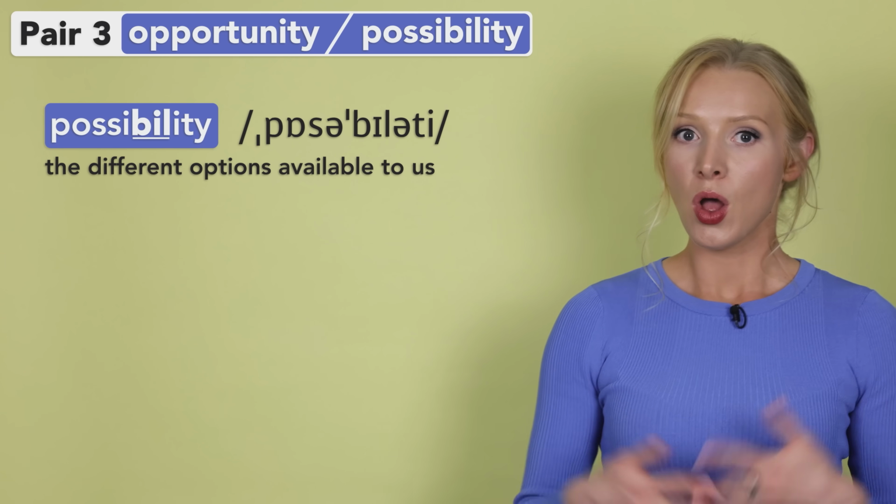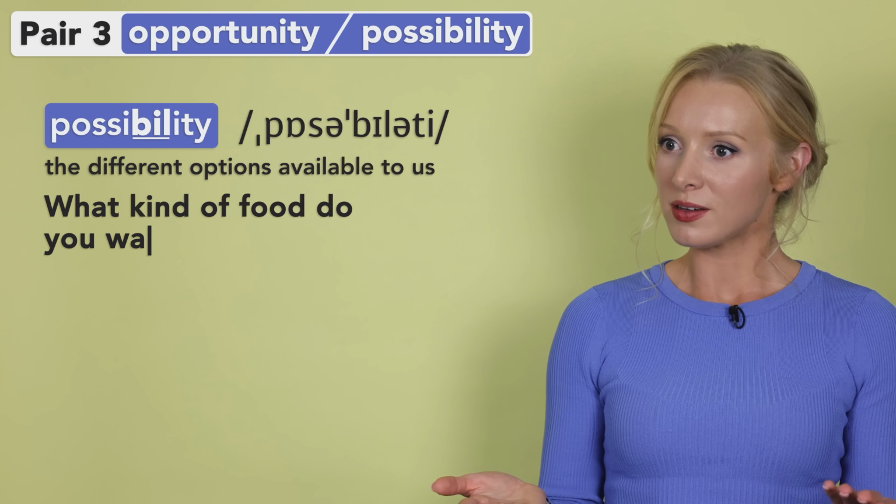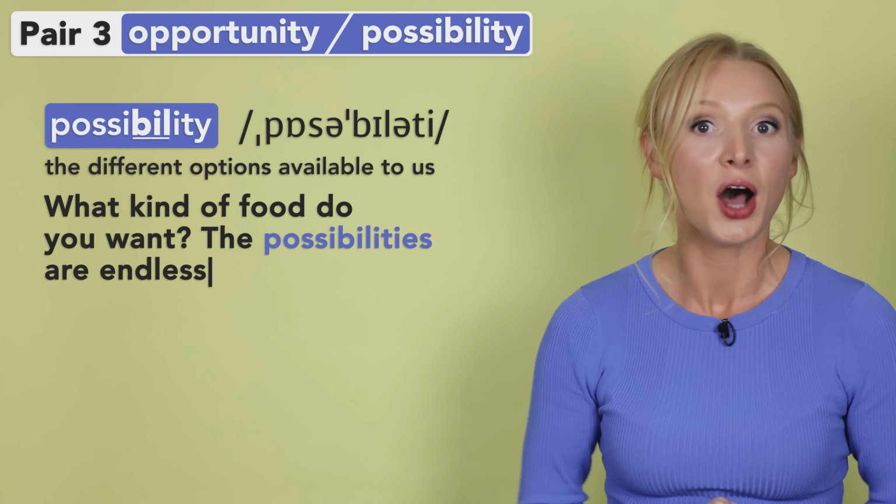For example, what kind of food do you want? The possibilities are endless. Our next pair of confusing words is, I want you to think about how you would pronounce them. We have receipt and recipe. Let's see if you can put the right word in these sentences.